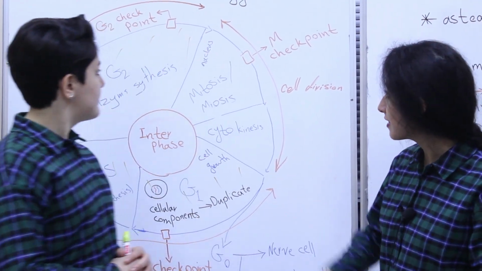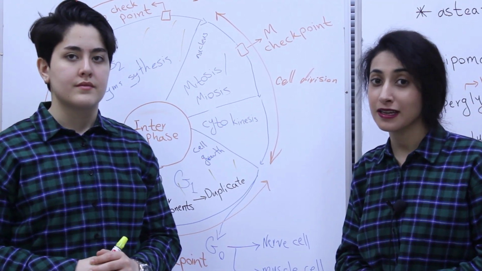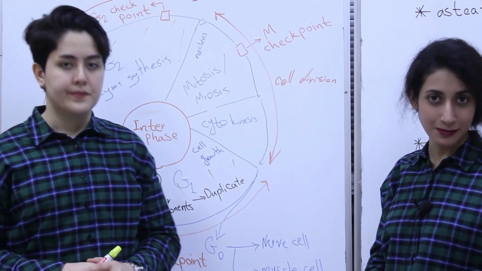The last one is the M checkpoint, which controls the nucleus division before the cytoplasm division starts.